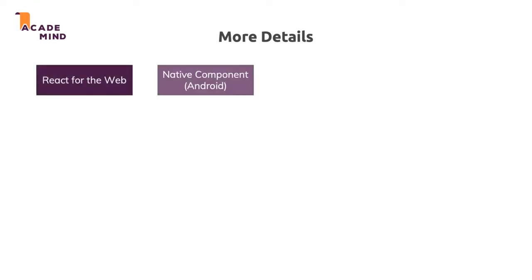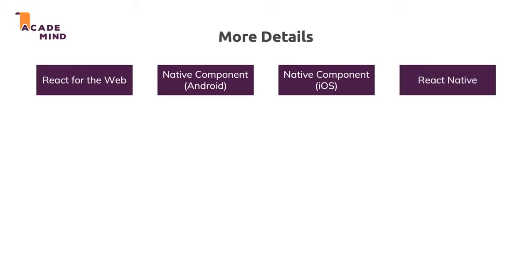Now, if we take a closer look at this component thing, it's important to understand that you can, of course, use React for building web apps, but that you could also build native apps for Android and iOS with native code, so without React Native, or that you can use React Native. So these are 4 different ways of building apps where, of course, React for the web won't give us a native app, but just to compare how this would be related.